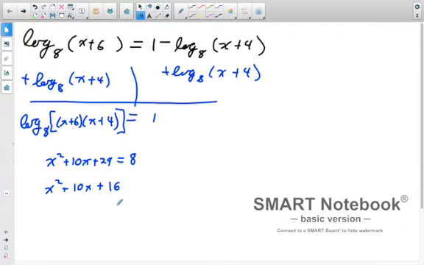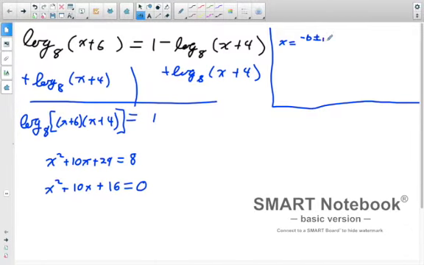And now we're just asking ourselves questions like, what can multiply to give me 16 and add to 10 if I want to try to factor it? Or more to the point, it's probably going to be easier to either complete the square or to use the quadratic formula. I'm going to use completing the square in a second, because for the quadratic formula you just have to remember what it is.